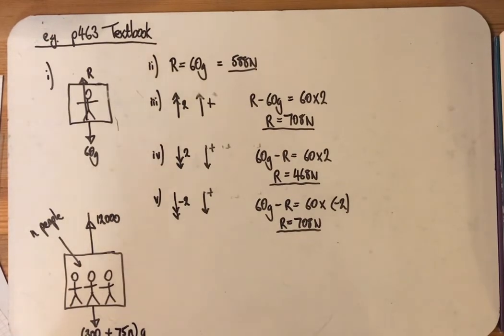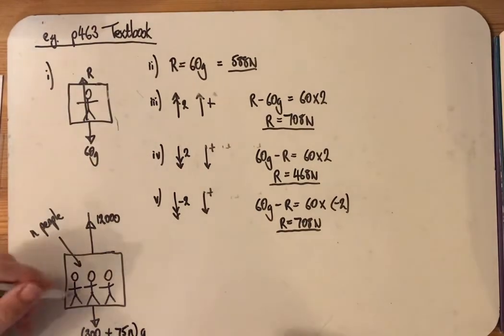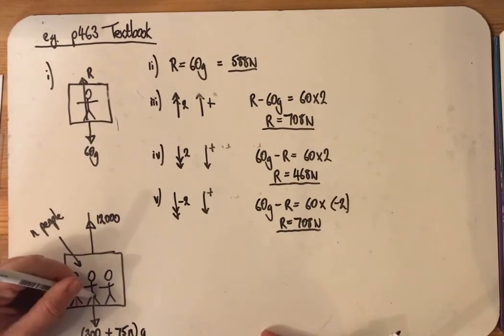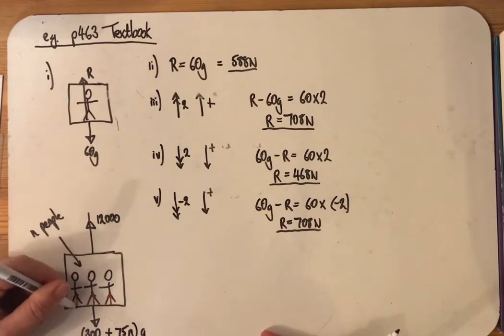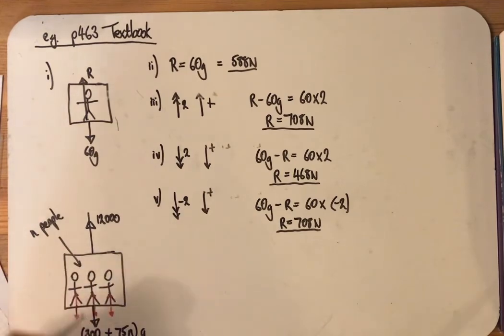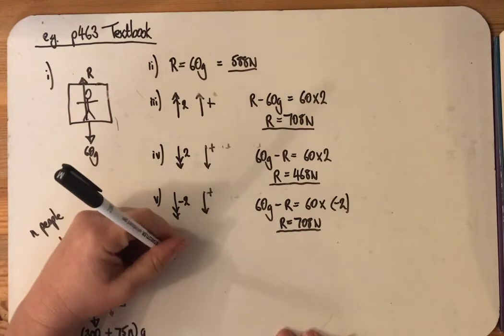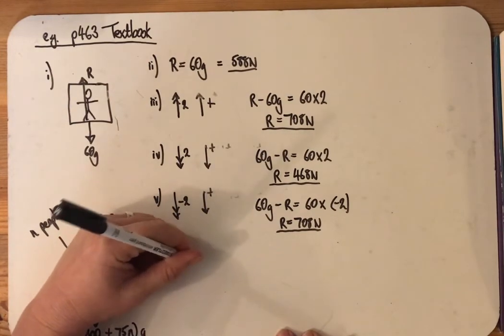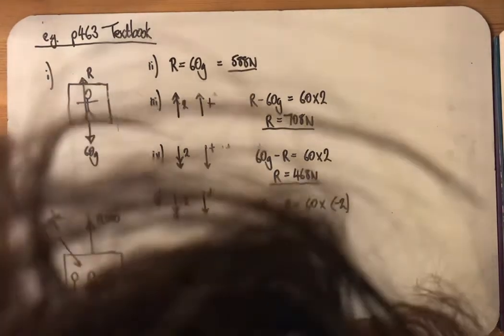So that's the total weight acting down. And then like we saw before, there's all these reaction forces. So there's the reaction force acting up on each person, and each person is creating a reaction force acting down into the lift, but they're cancelling each other out because they're equal and opposite. So we can treat the system as a whole, ignore the reaction forces, and we end up with 12,000.